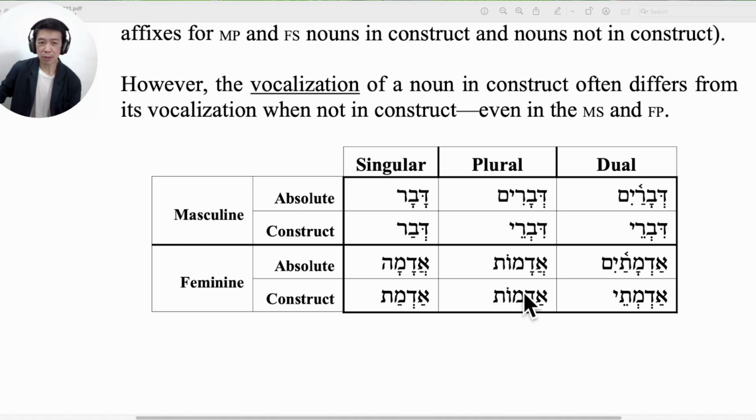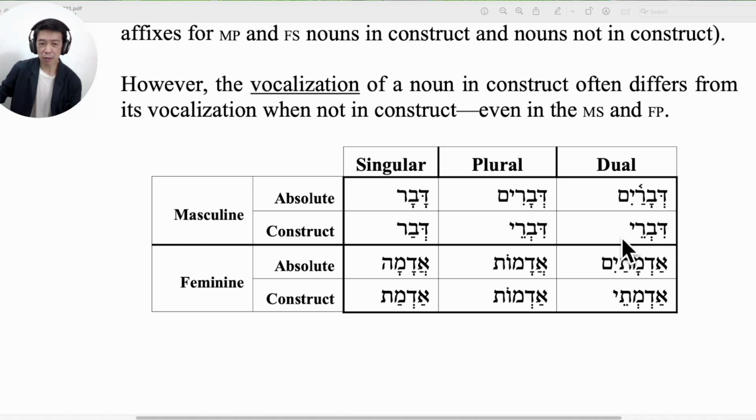In dual forms, the masculine form of a word can become this. In absolute form, it's devarayim, and in construct form, the mem is dropped, so it becomes divrei.